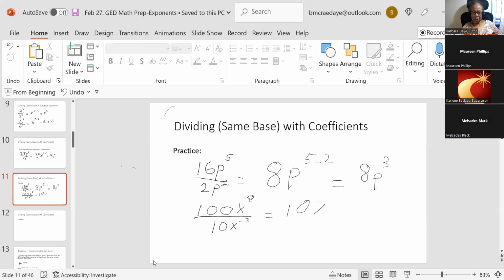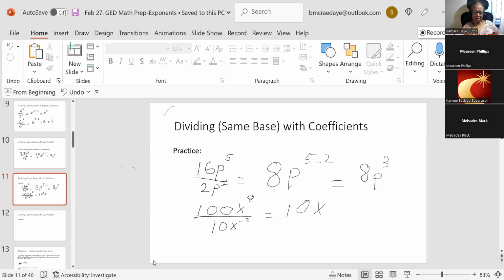And what's the power on the x? I know it's 5, but I'm trying to say plus 5. How are you getting a plus 5? Because I see a minus 3. So how do you get a plus 5? I'm subtracting minus 3 from 8. Okay, so what do you get?